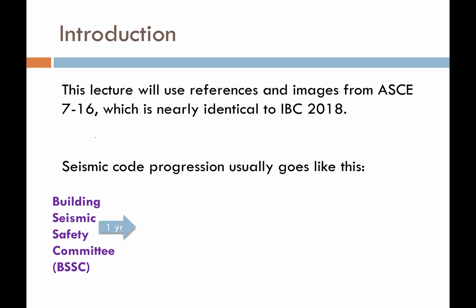They comprise the Building Seismic Safety Council, the BSSC. That committee meets regularly to discuss the changes they want to implement in the building code. They'll debate that. They have this entire process of vetting, debating, and getting comments back, and that process lasts about 1 year.